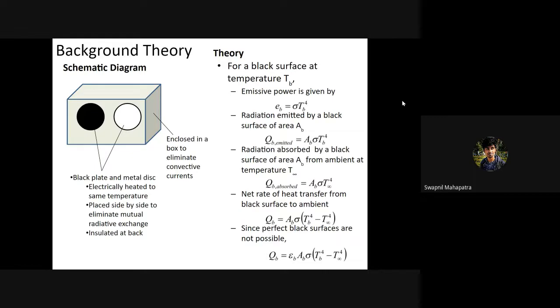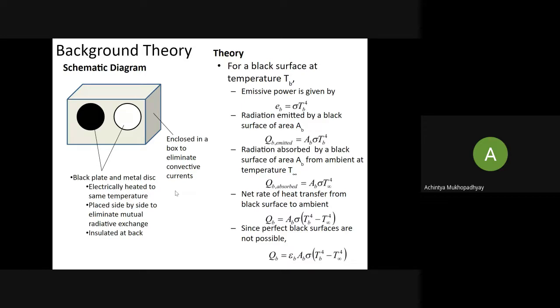Yes, sir. So here, the schematic diagram of the system is that we have two identical discs made of the same metal, mounted on a same base, and having same diameter and thickness.